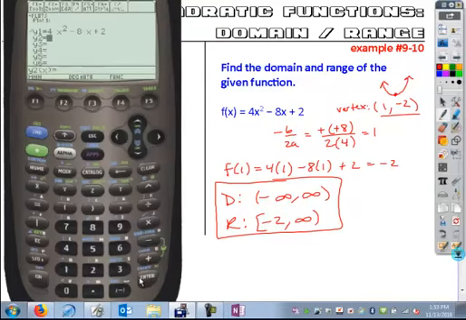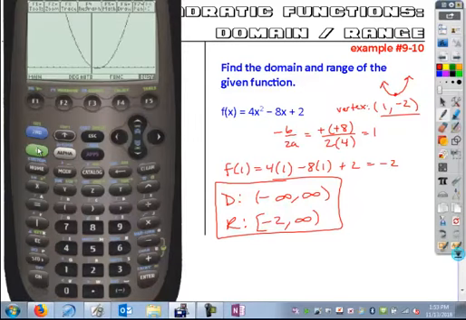Okay, so now my quadratic function is stored in my Y1 equation. If I hit Diamond F3, I can take a look at its graph. I'm going to go ahead and change my window setting here too.